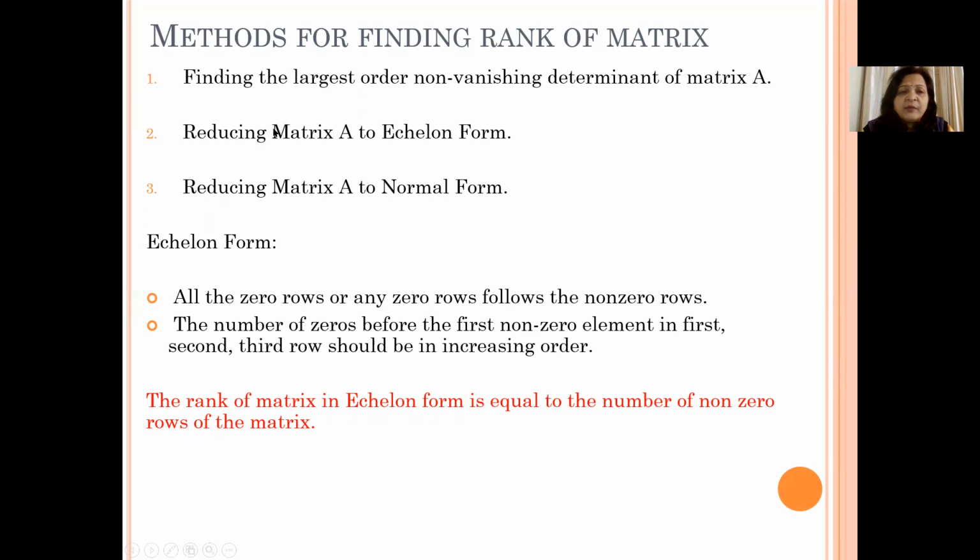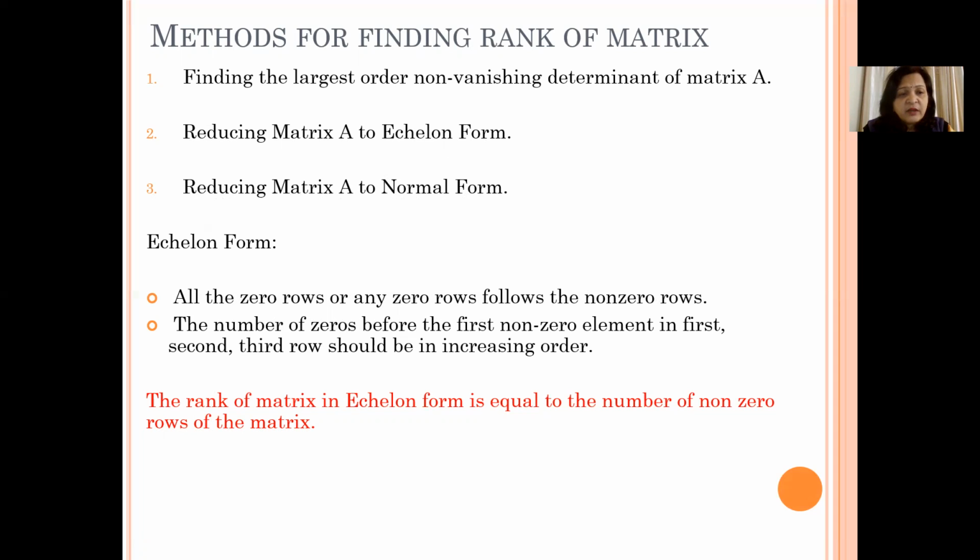So we mainly prefer the second method, that is reducing matrix A to the echelon form. And there is also a third method, to reduce matrix A to normal form. Now I have shown you the first method.